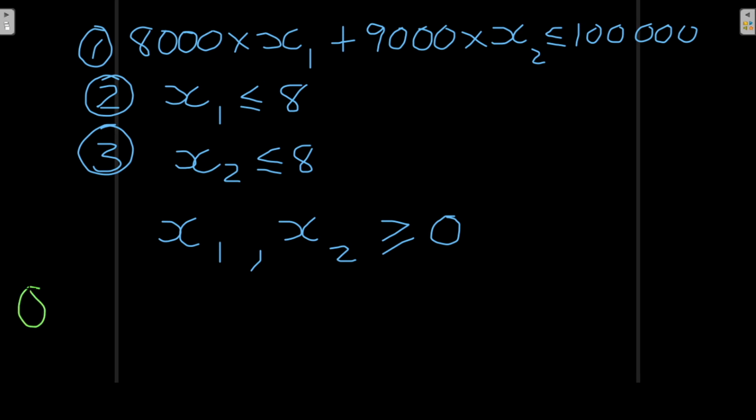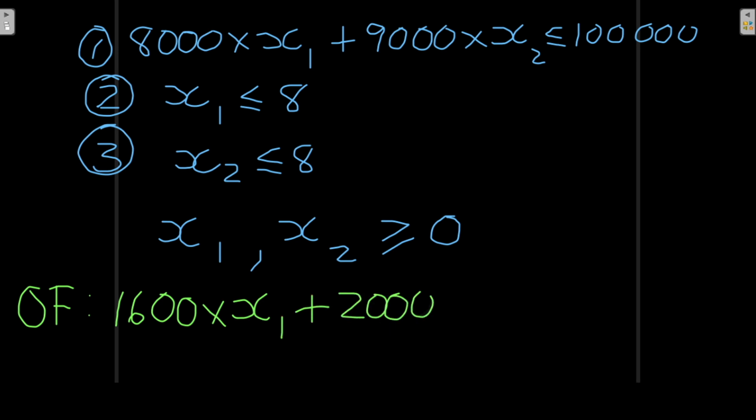So our objective function would look like this. We can make a net profit of 1,600 for every ton of petrol sold and a net profit of 2,000 rands for every ton of diesel sold. And this objective function we would like to maximize.